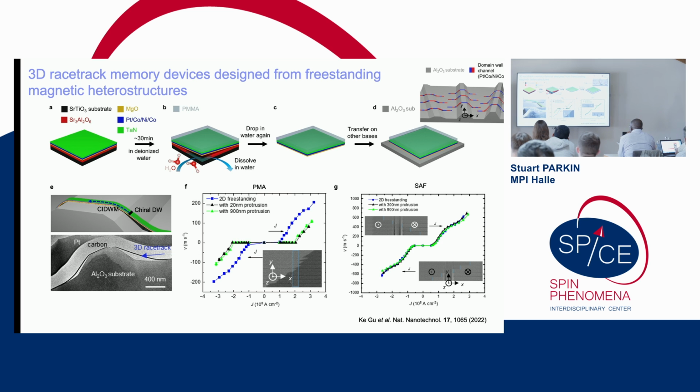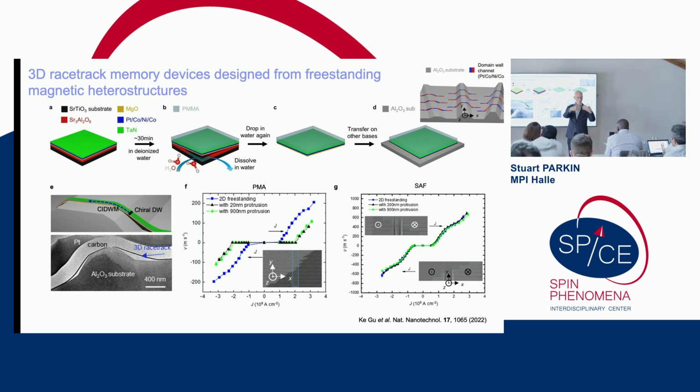And then what he could show was the velocity of domain wall versus current. This is the freestanding layer before he did this technique, and this is after he's placed that thing on protrusions up to 1 micron tall. And you can see in the case of the single ferromagnetic layer, the critical current density has increased slightly.